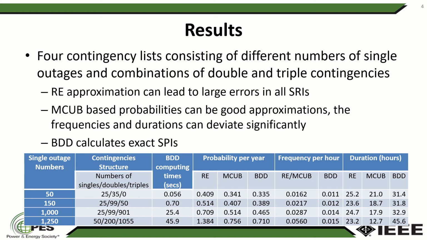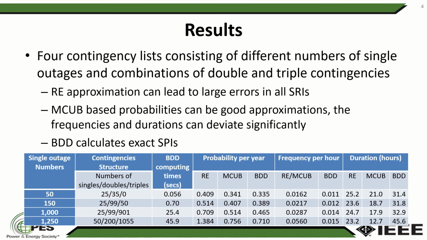To test the method, we made up 4 contingency lists. In each of the contingency lists, we have different single outage numbers. Then we use single outages to create double and triple contingencies with different numbers, as you can see in the second column here.